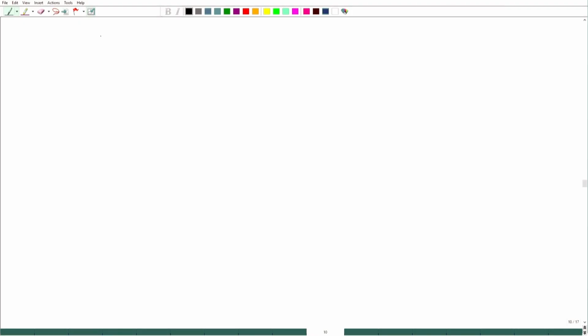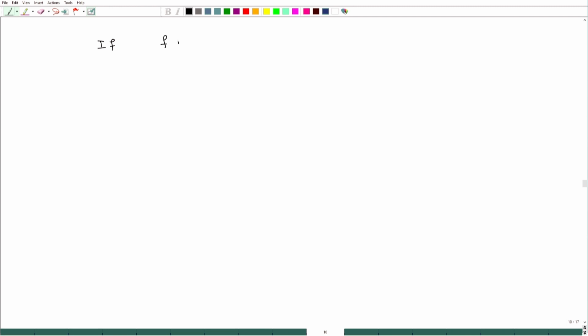So, now let us try to see certain behavior of these Fourier coefficients. Already we have seen that if f is odd, then f hat as a function on Z, remember that we can now treat f hat as a map from Z to C, this is also odd.